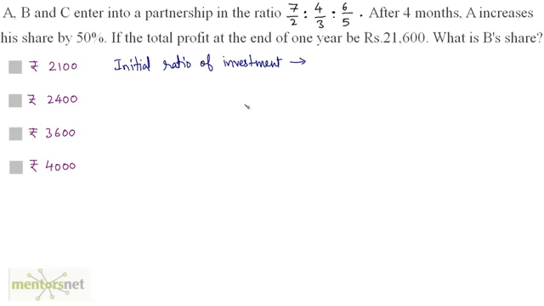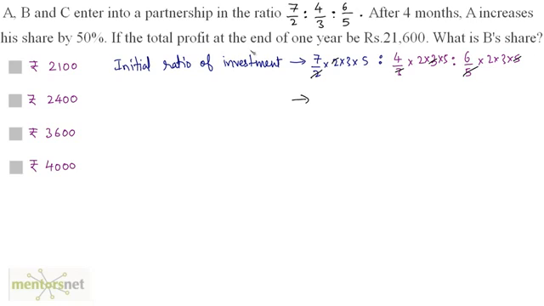We have been given the initial ratio of investment, which is 7 by 2 is to 4 by 3 is to 6 by 5. Let us rewrite this. I am multiplying each ratio by 2 times 3 times 5. I can cancel out the terms here, 2 and 2, 3 and 3, and 5 and 5.